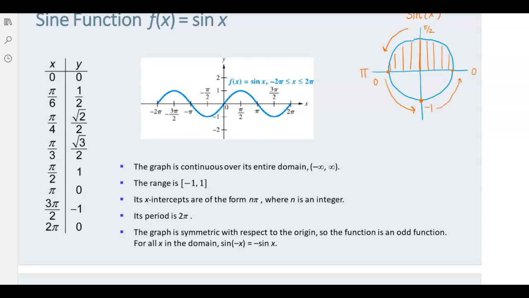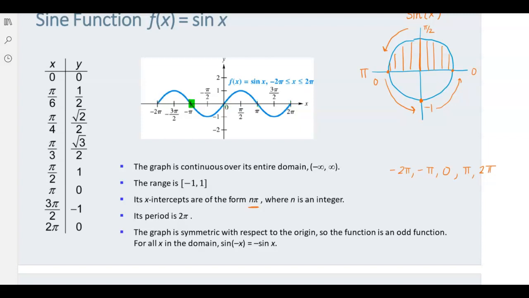The x-intercepts, or where the graph is crossing the x-axis, I can see they're showing up at -2 pi, -pi, 0, pi, 2 pi, and so on. It's pi multiplied by an integer. And again, we use the letter n to denote an integer. So that's where all of the x-intercepts will show up.